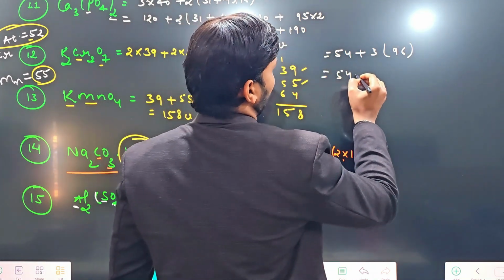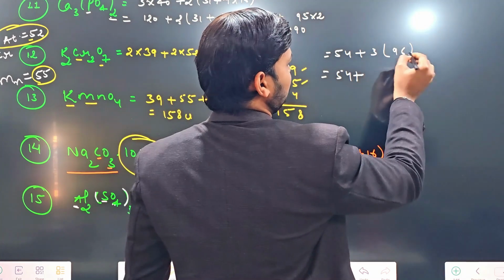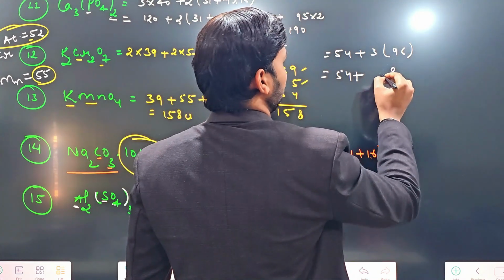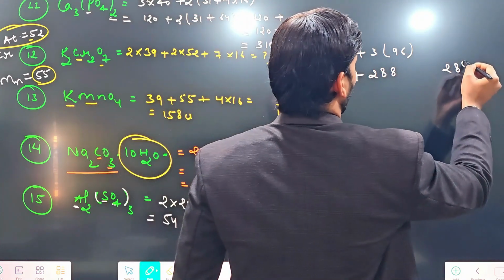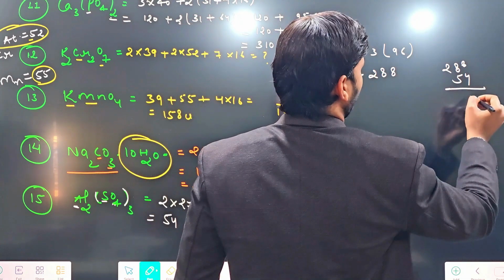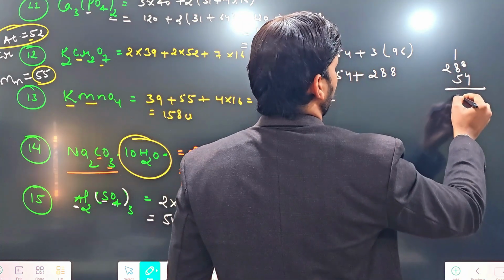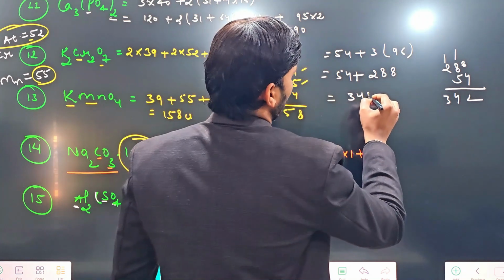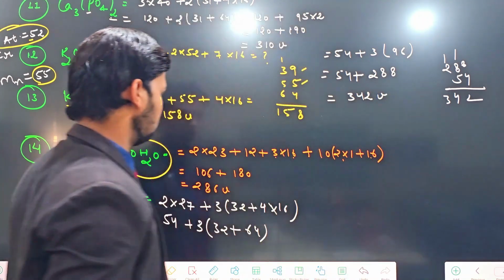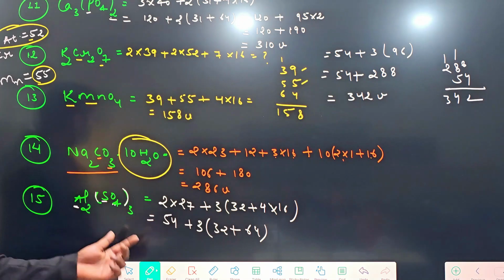So it will be 54 plus 288. Carry on 1. 8 plus 4 is 12... How much will you get? 342 unified mass. That is aluminium sulfate.